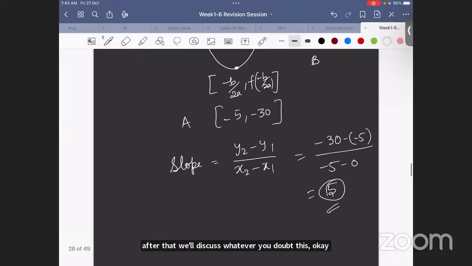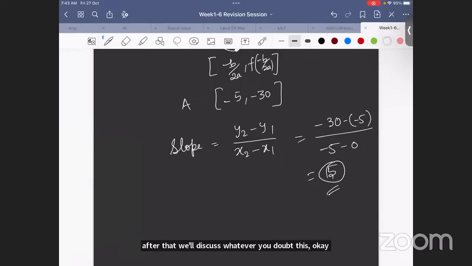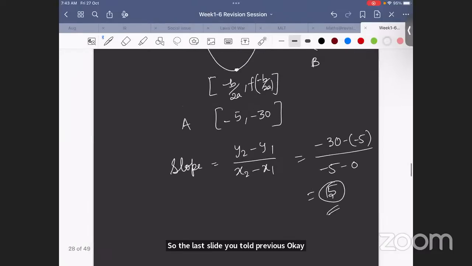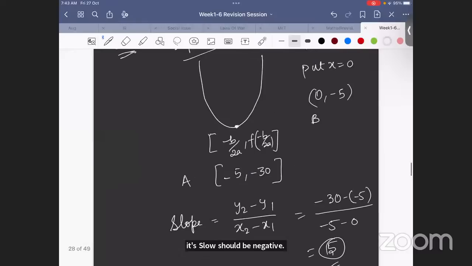Okay, last slide. What is that? Sir, the line we are getting is going downwards, so its slope should be negative, no? From the graph, if you see the graph, going down. Okay, but the slope is positive, correct?